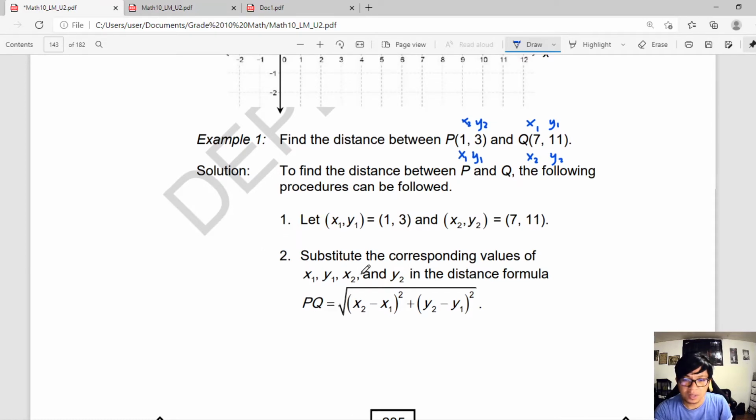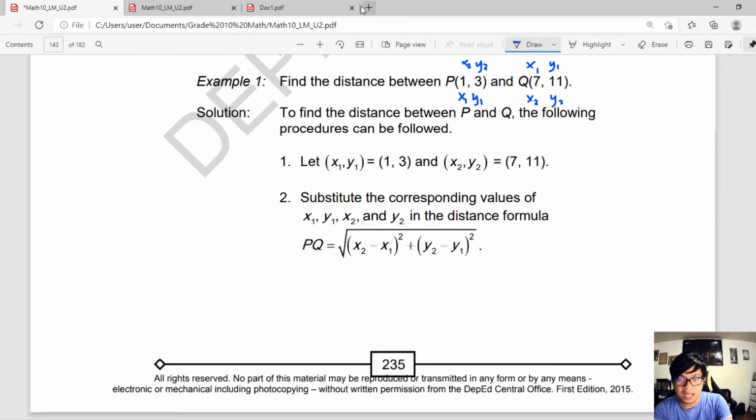Substitute. All you have to do is just substitute the corresponding values of the formula. Okay? So, i-substitute lang. Halimbawa, itong sundin natin sa baba. So, x sub 2 natin is 7. Square root of 7 minus 1 all squared plus y sub 2 is 11 minus 3 all squared.